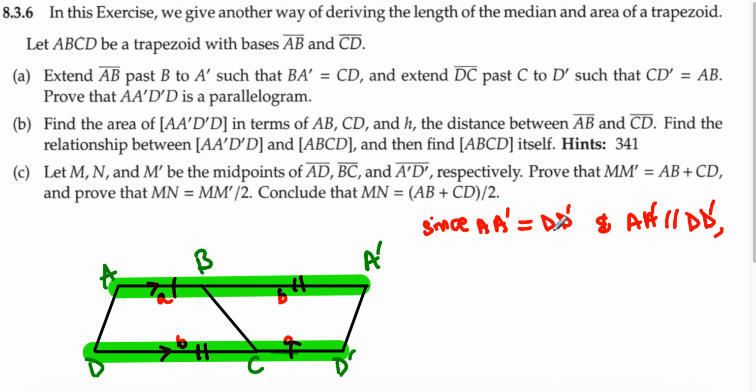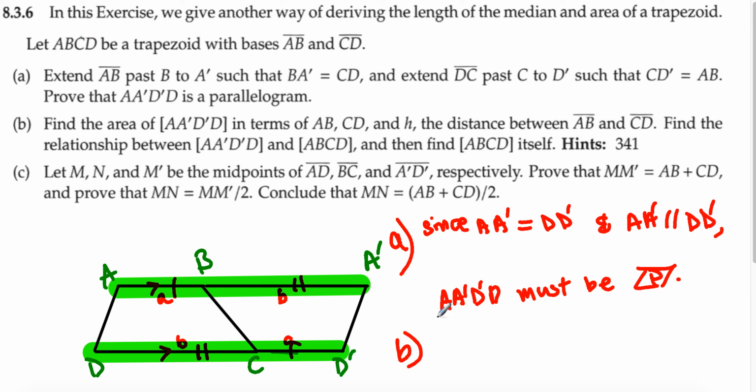Since opposite sides are congruent and parallel, A prime, D must be a parallelogram. All right, that's how we can say A. How about B? Find the area of the parallelogram and ABCD, which is the smaller one. Find the relationship between those two.